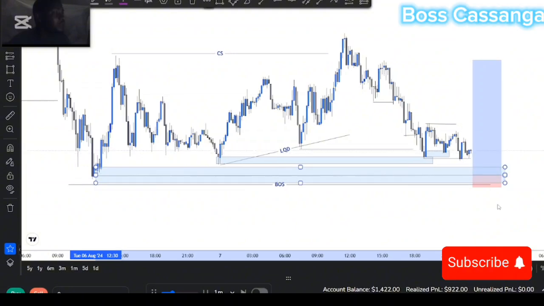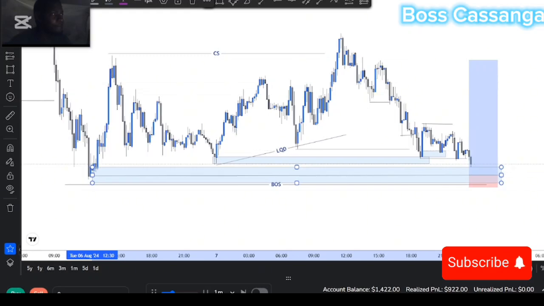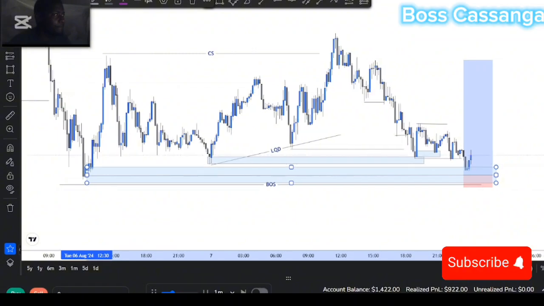Okay, so the market did come in, did test this demand zone. Okay, it is in the demand zone, but my entry might be very far. Let's see what's going to happen.